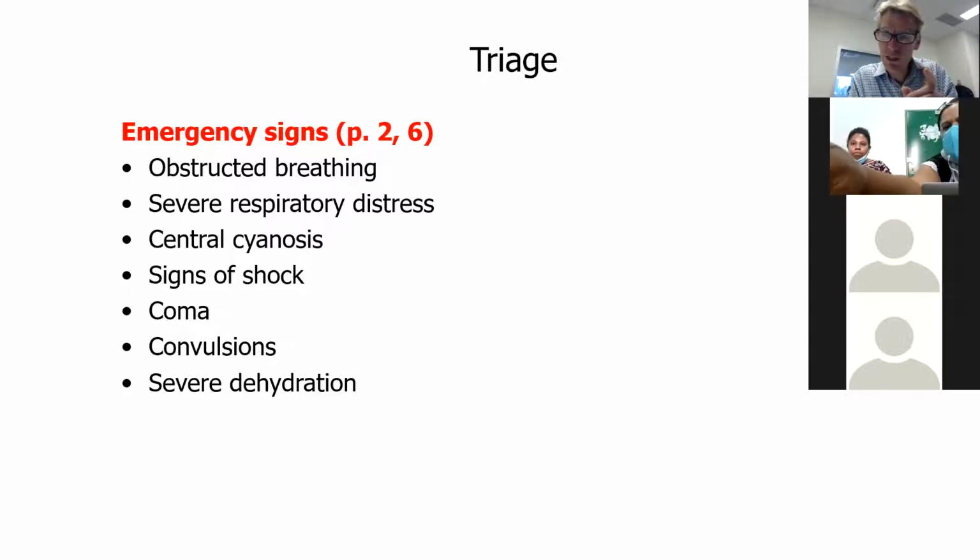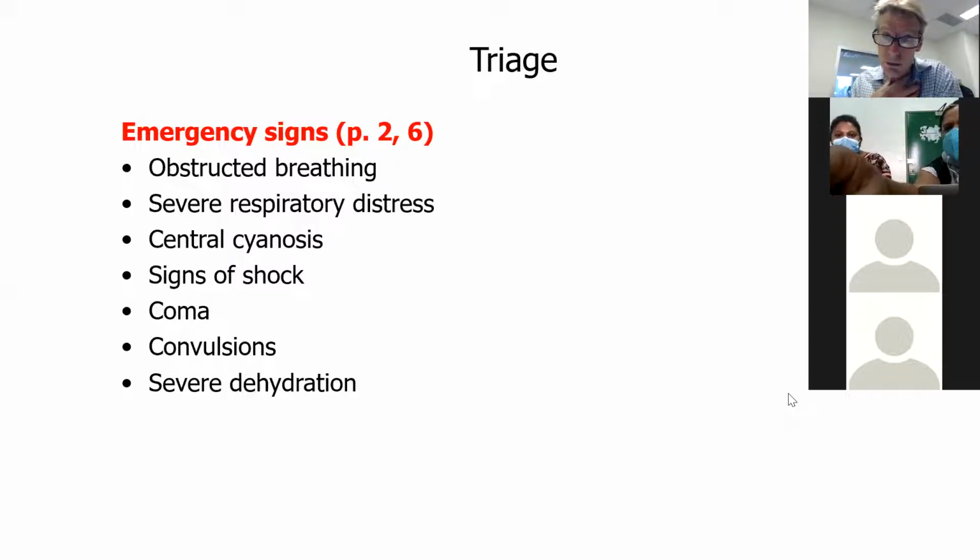So of those signs, the emergency signs, which ones did this child have? Most children just have one or two emergency signs, but this child seemed to me to have quite a lot of emergency signs.